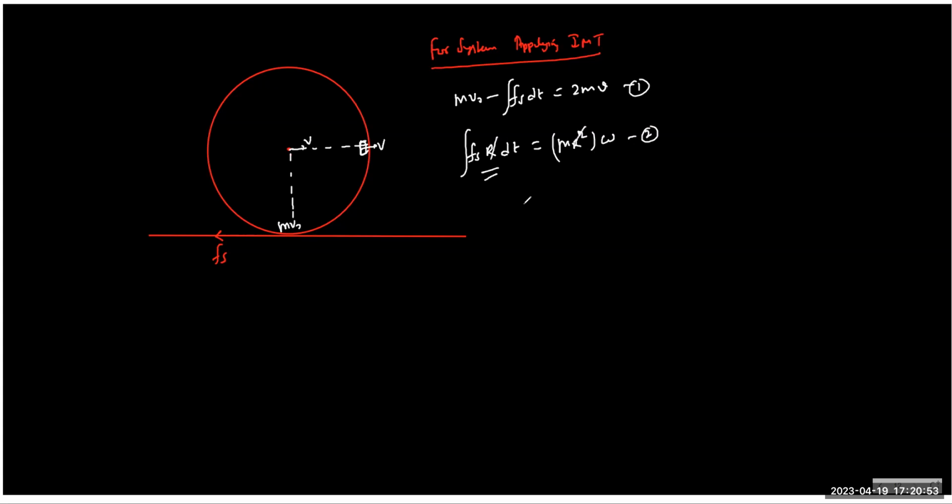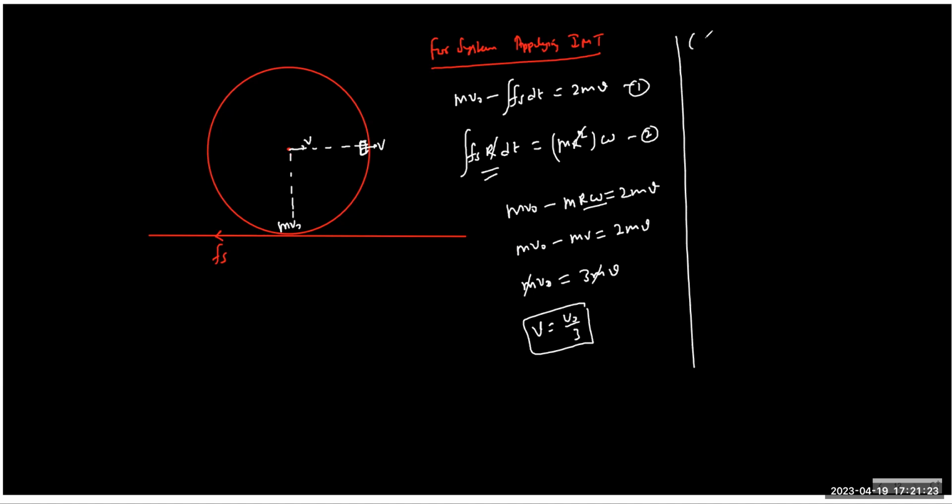So from 1 and 2, minus MR omega is V. And R omega is V, right? For the pure rolling omega, right? MV naught is 3 MV. Correct? Yes. The V is V naught over 3.